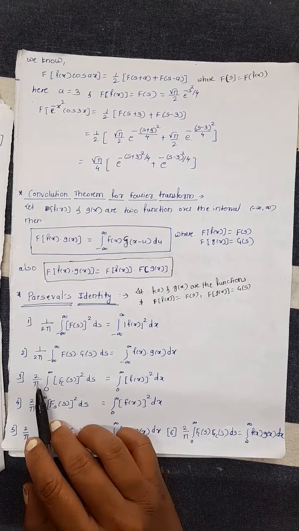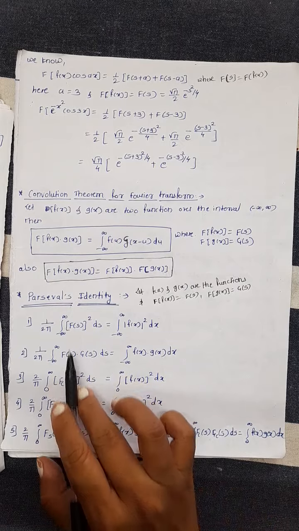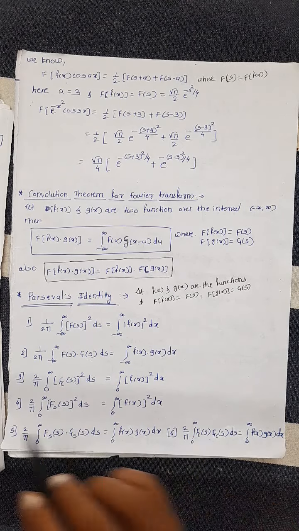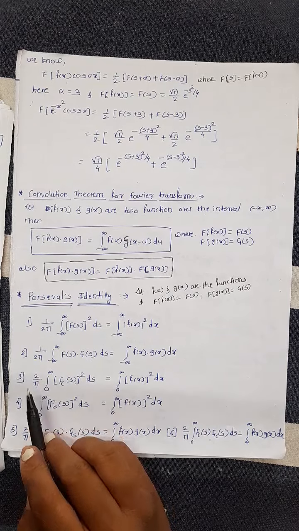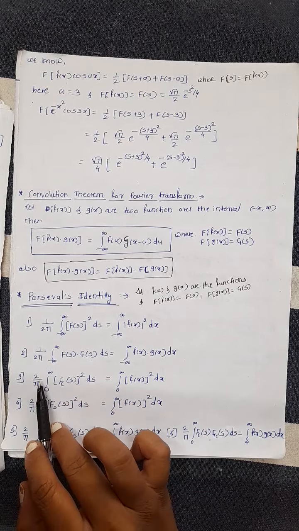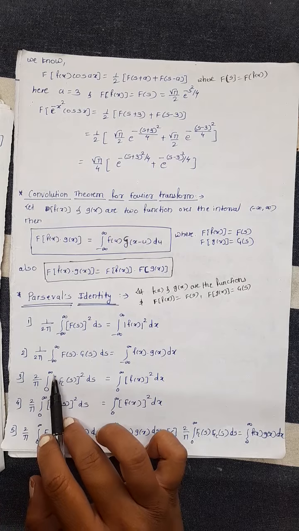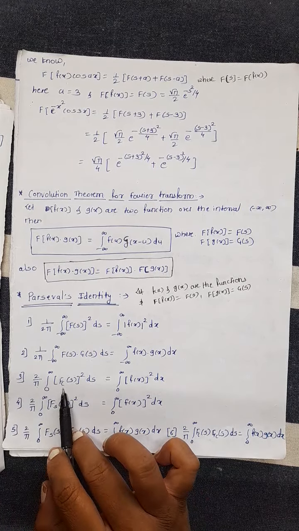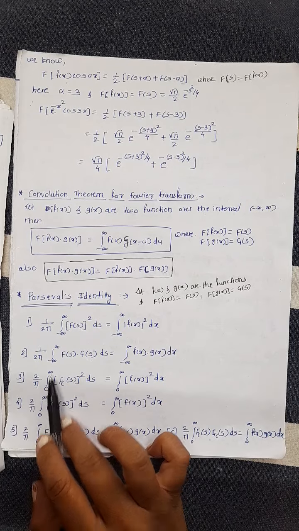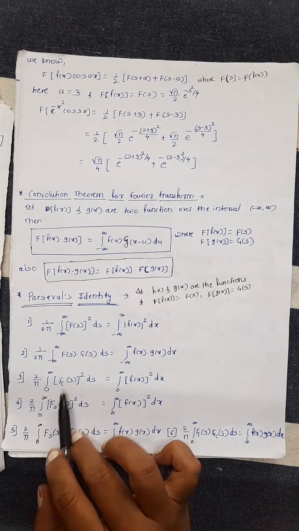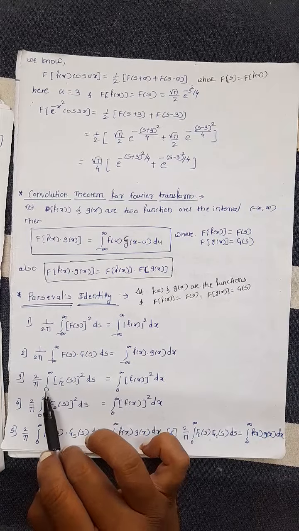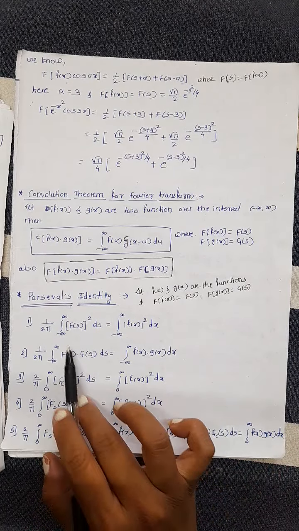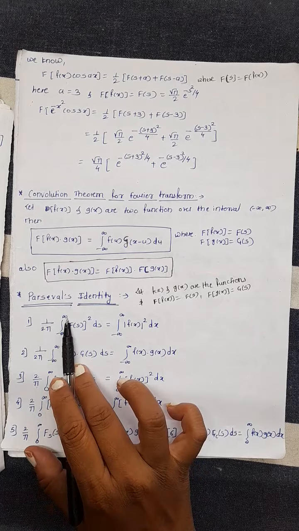Now next, these two are for Fourier transform, the rest are for Fourier sine and cosine transform. Here the coefficient is 1 upon 2 pi, here the coefficient is 2 upon pi, integration 0 to infinity of F_c(s) bracket square ds. F_c means Fourier cosine transform, that's why the lower limit is 0, because for Fourier sine and cosine transforms the integration limits are from 0 to infinity, and for the Fourier transform the integration limits are minus infinity to plus infinity in the formulas.